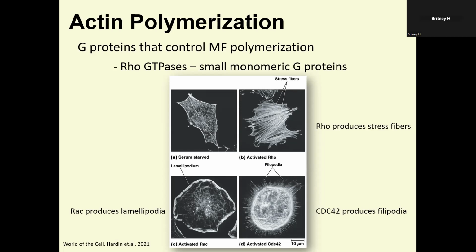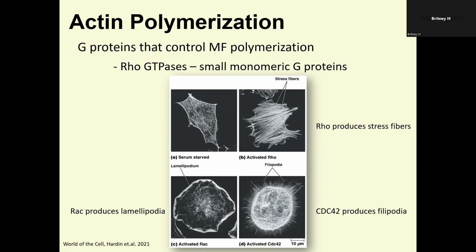And this is kind of an elegant experiment. In your book, someone obviously took this exact picture and redrew it in blue. So it's like a cartoon of this. This is the actual experiment from this textbook that I've used before, World of the Cell. Here is a cell that's serum starved. So all the receptors are inactive.